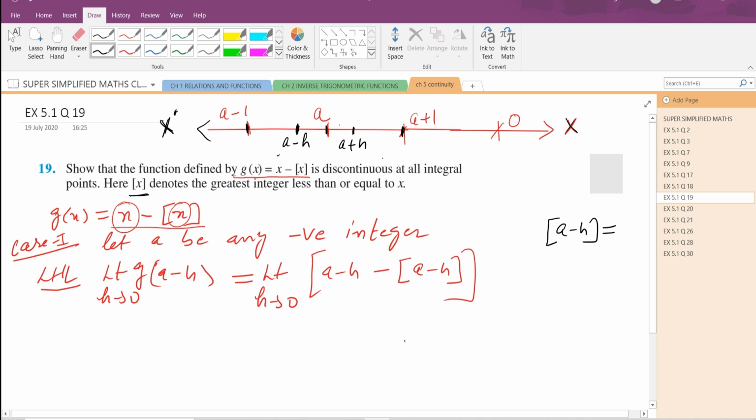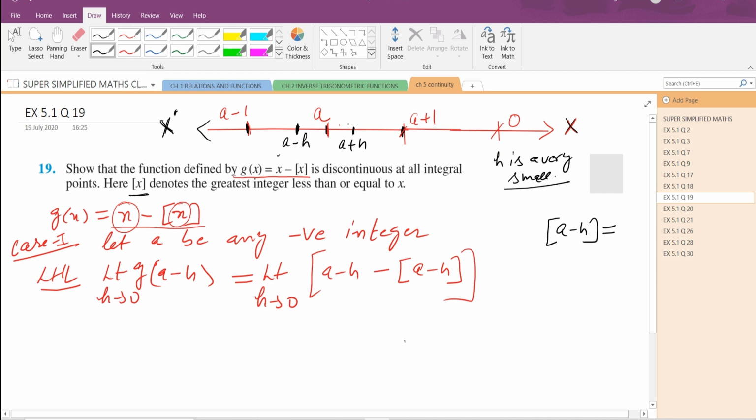Now we all know that h is a very, very small number, infinitesimally small number. That means that if you subtract h from the point a, then you come in the interval from a minus 1 to a. h is very, very much less than 1.